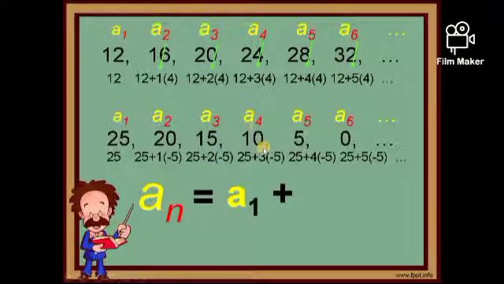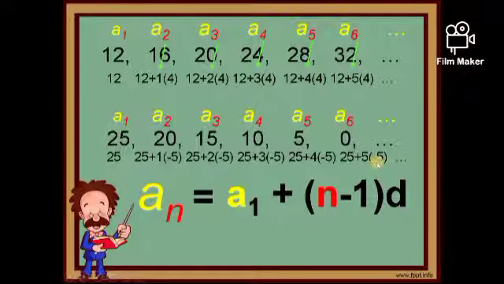If this is 4, this is 3. One less than. If this is 5, this is 4. If this is n, what is this number? Again, this is 1 less than n. That's why it is n minus 1. And multiply by our common difference. There you go. This is the general formula for an arithmetic sequence.